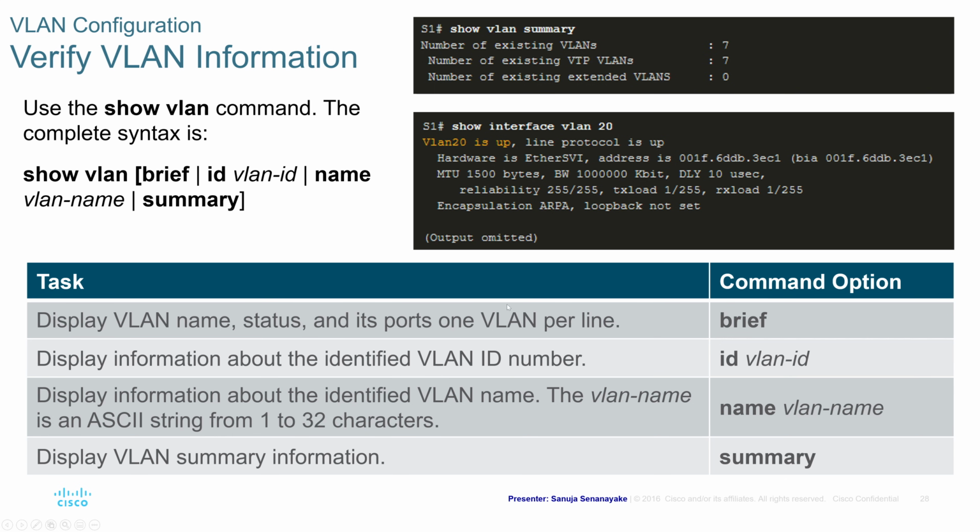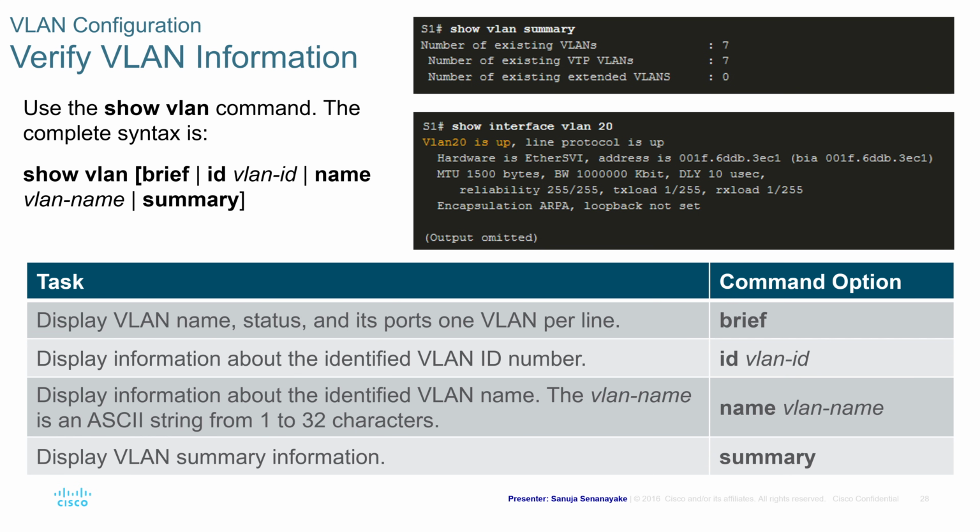If you go show vlan name and then give the VLAN name you're looking for, it will display the information about the identified VLAN name, which is basically an ASCII string from 1 to 32 characters. So basically it's text over numbers.